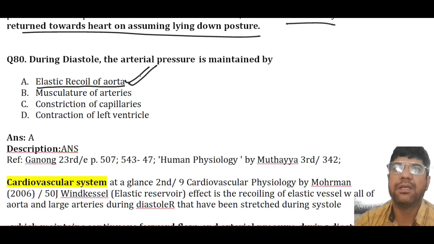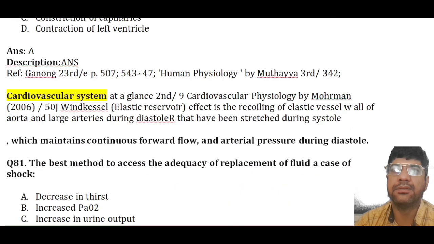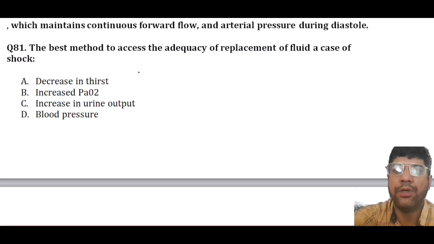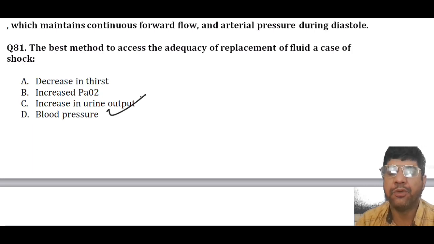The best method to assess the adequacy of fluid replacement in case of shock is an increase in urine output. An increase in urine output indicates that the kidneys are receiving sufficient blood flow and are capable of filtering and excreting waste products and excess fluid. So it is a quantitative and relatively reliable indicator of organ perfusion.